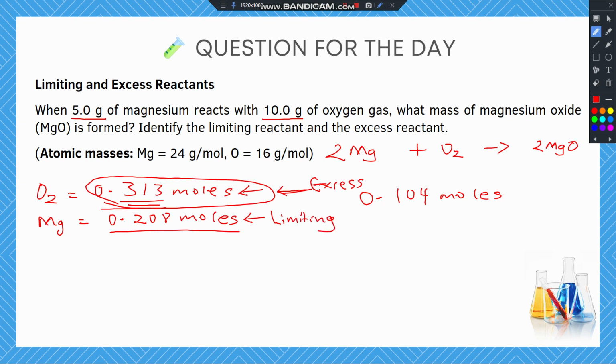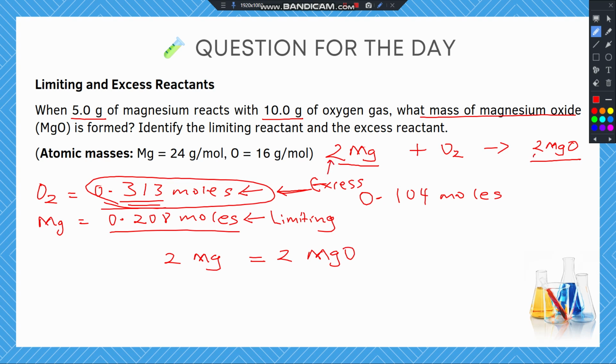So now that we have determined the limiting and the excess reactant, we can go ahead to find out the mass of magnesium oxide that will be formed. So our focus will be on the limiting reactant, which is magnesium, and then on our product, which is magnesium oxide. So from the equation, 2 moles of magnesium produces 2 moles of magnesium oxide. You can see the number of moles here is 2.